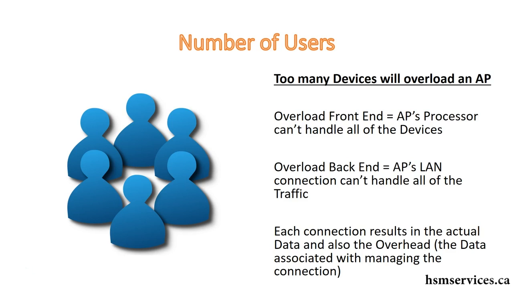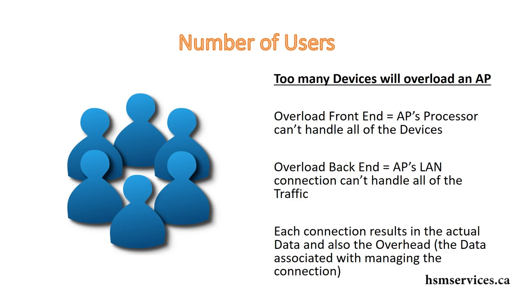And the second way that it can crash is it's only got a certain back-end LAN connection. So you've got one data cable going back to your switch. So even if you've got a small number of devices connected to your access point, if they're all doing video conferencing or something, then they're not all going to get the traffic that they want, and the LAN connection will become congested.